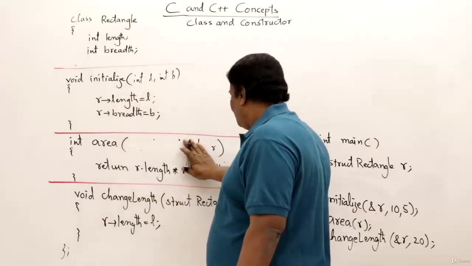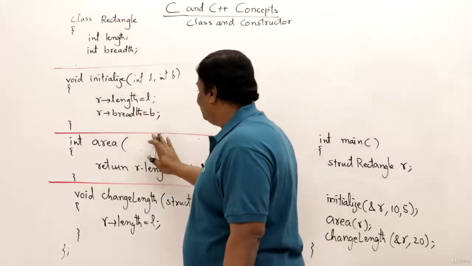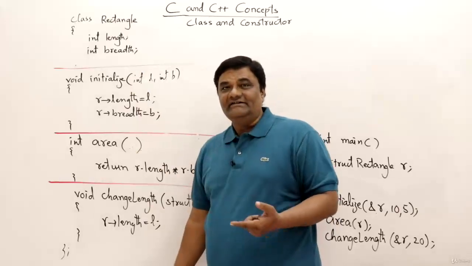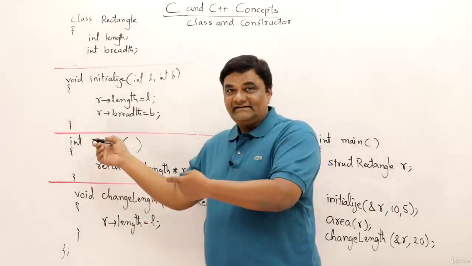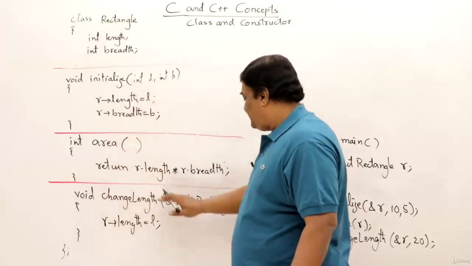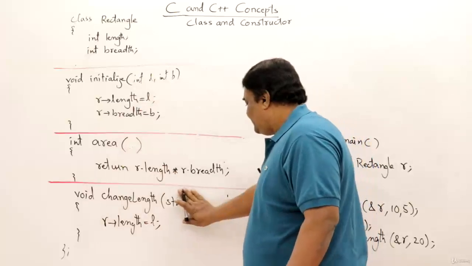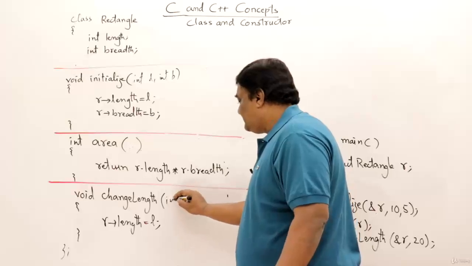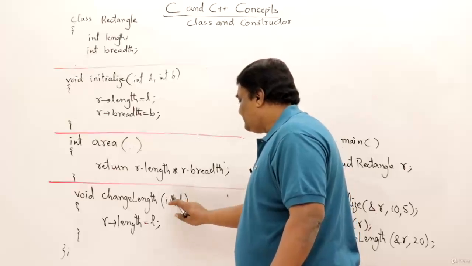Then remove this one also, it is a part of rectangle only. Just write nothing because it doesn't have to take anything. Length and breadth are directly accessible. Then change length also became a part of it. No need of taking rectangle as a parameter. Only length is required, so just declare length as an argument.